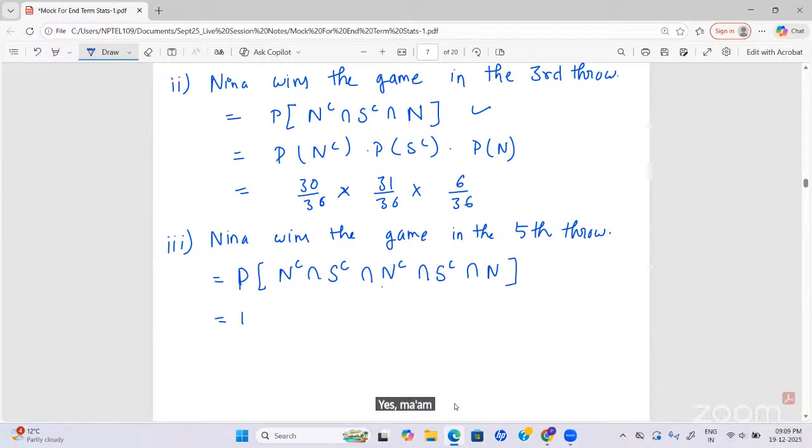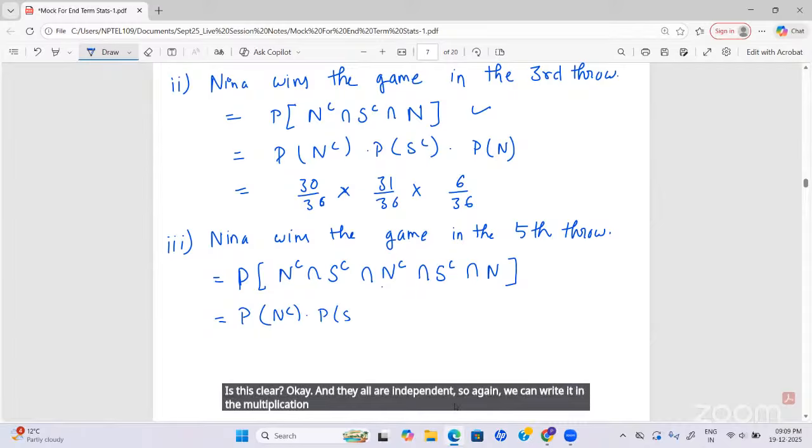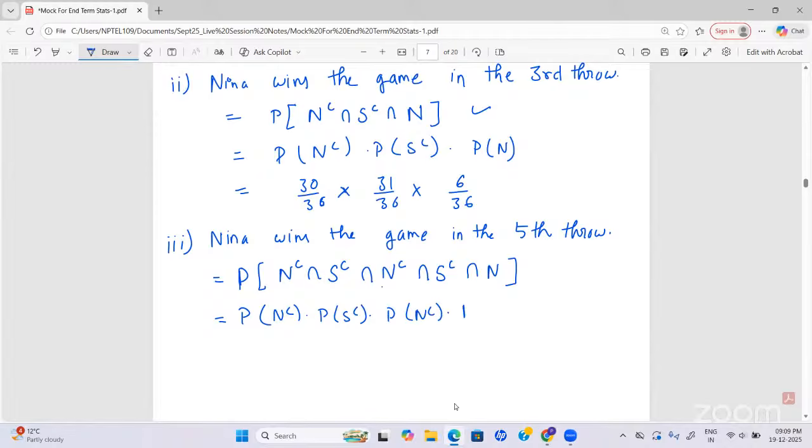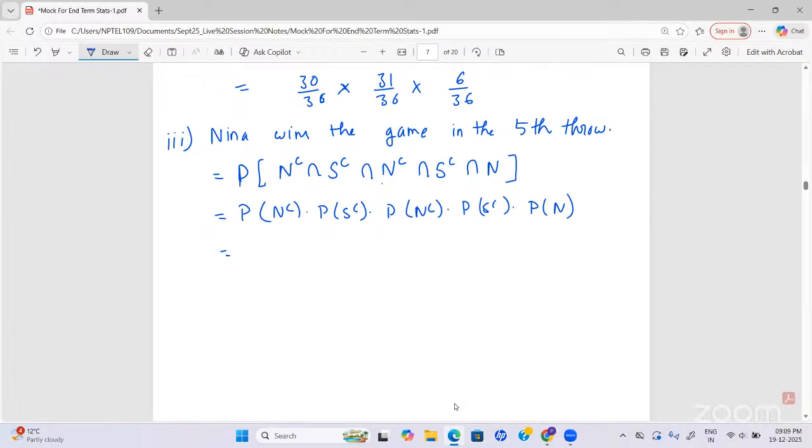And they all are independent, so again we can write it as the multiplication of each individual probability. And this is 6 by 36.